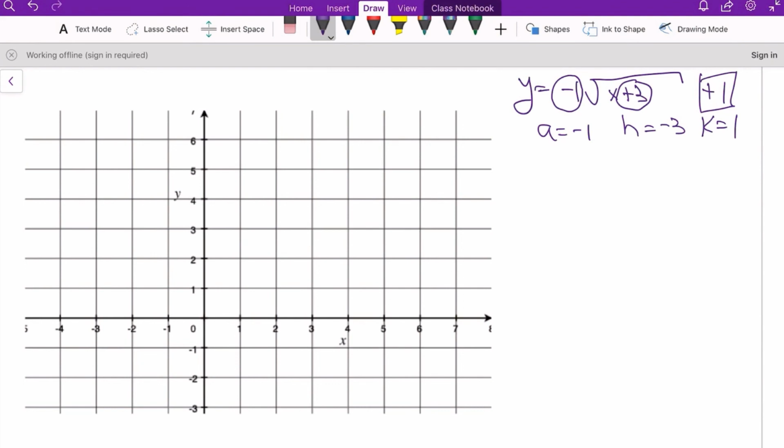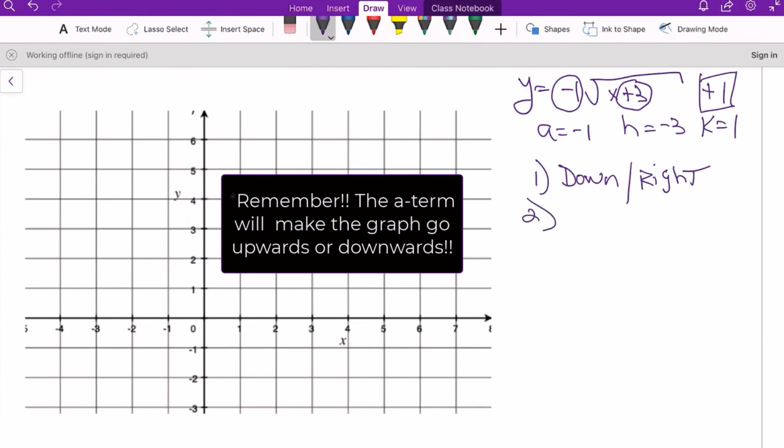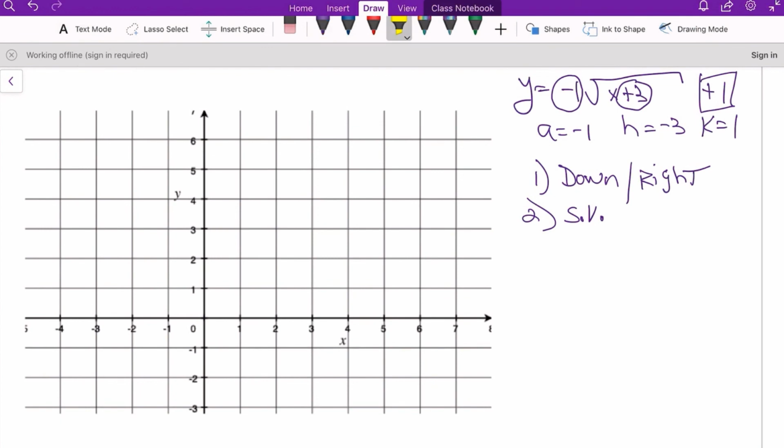All right, so this time my direction, since a is negative, it's actually going to walk downward. But we look inside here, the coefficient of x is positive, it's still going to go right. All right, my start value is still going to be, again, hk.